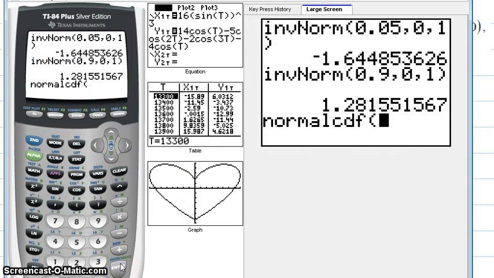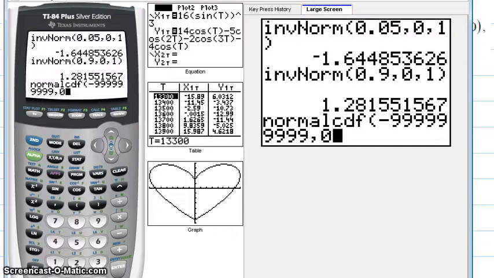Again, you shouldn't be seeing the old screen, you should have the new version. So what do we key in? We key in our lower bound, which is minus infinity, so minus 999999999, something like that. Then we key in our upper bound, which was 0.